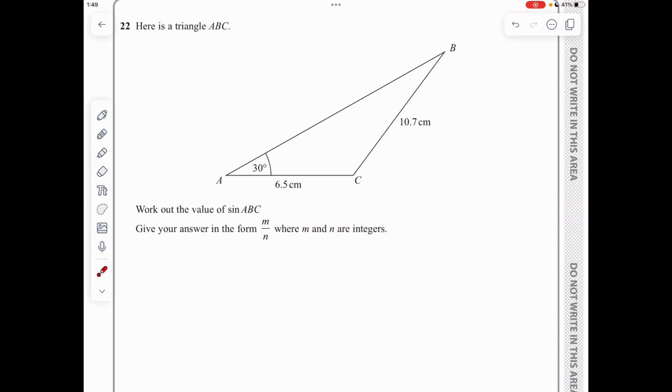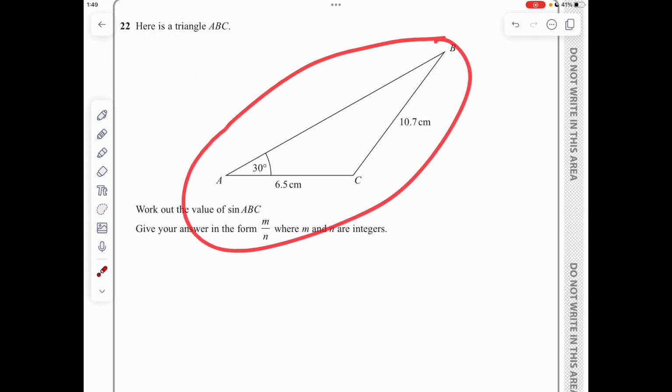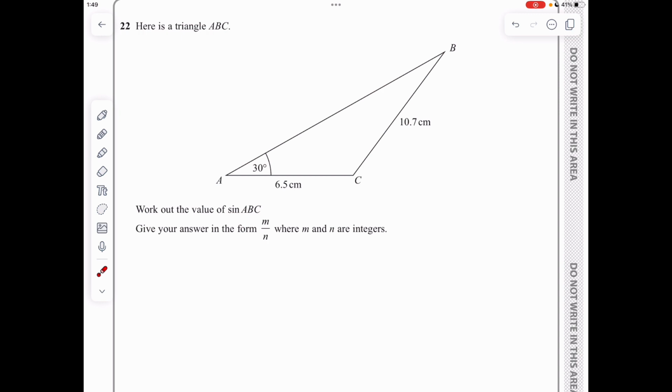In 22, we've got triangle ABC here, and we need to work out the value of sine of ABC. It's the angle here. I will be using the sine rule here. We've got that the sine of ABC over the length of AC, the length here, 6.5, is equal to the sine of 30, which is the angle A, over the 10.7.